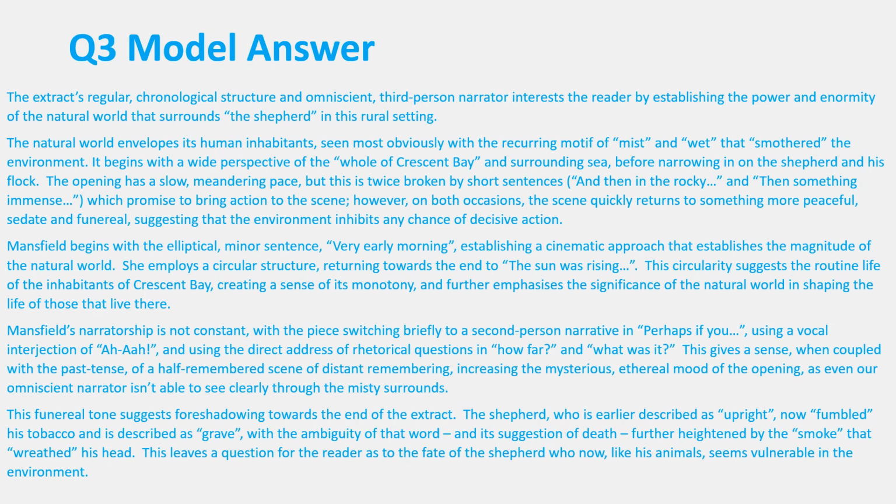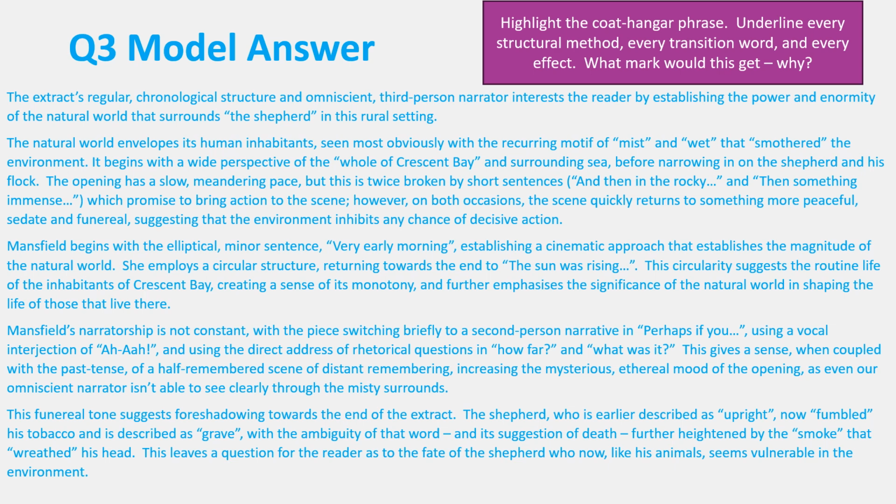Here is a model answer. What I suggest you do now is print off this model answer and highlight the coat hanger phrase. Once you've done that, go through and underline every structural method.